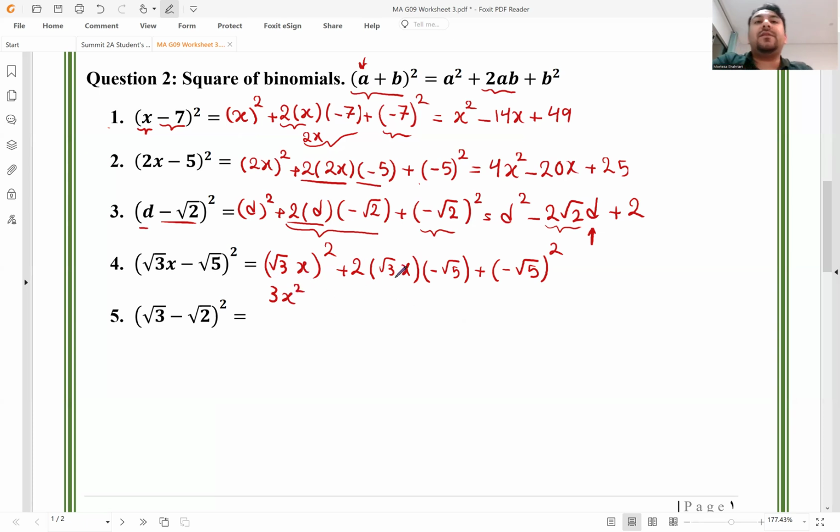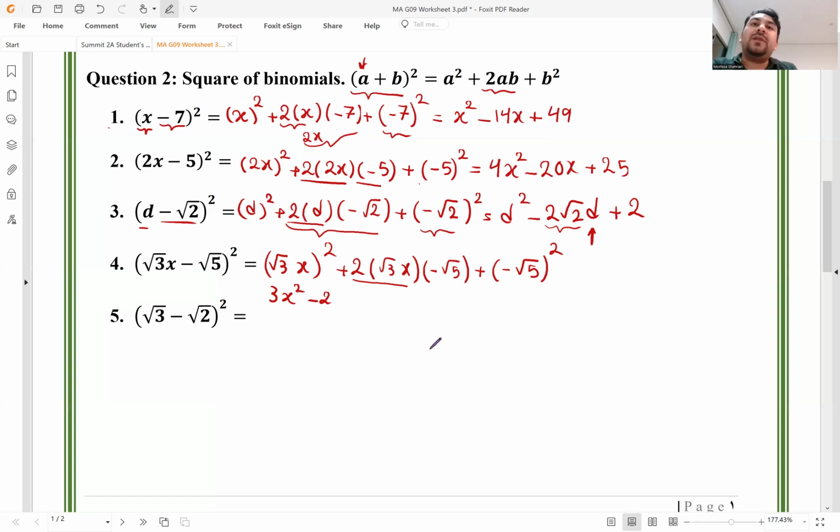2 times radical 3x is 2 radical 3x. So if you multiply the first two brackets, 2 times radical 3x is 2 radical 3x. 2 radical 3 times negative radical 5, it will be negative. The 2 stays as 2. Radical 3 times radical 5.